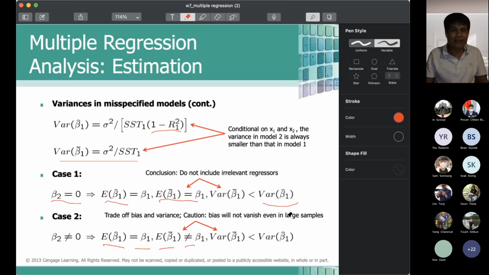Omitted variable bias cannot vanish even though you have a large sample size, all right? So always pay attention to omitted variable bias. Pay attention to endogeneity. Pay attention to the zero conditional mean assumption. That is the conclusion on the trade-off between the multicollinearity issue and omitted variable bias.